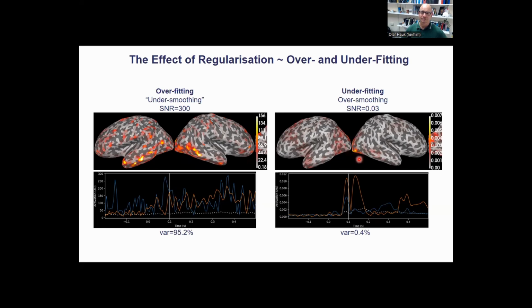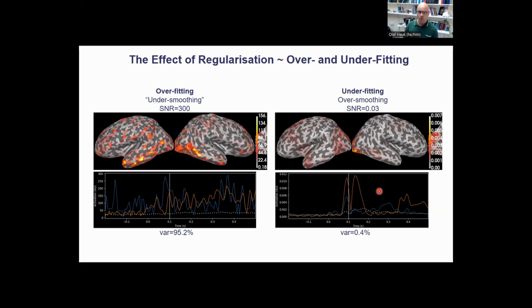But luckily, within these 0.4% is also some of the activity of interest, so we can call ourselves lucky in this case. But I think what this shows is that within a reasonable range of signal-to-noise ratios, regularization is quite robust. And so you can therefore maybe use a reasonable choice of the signal-to-noise ratio and lambda for most applications. But of course, you can't count on it all the time.